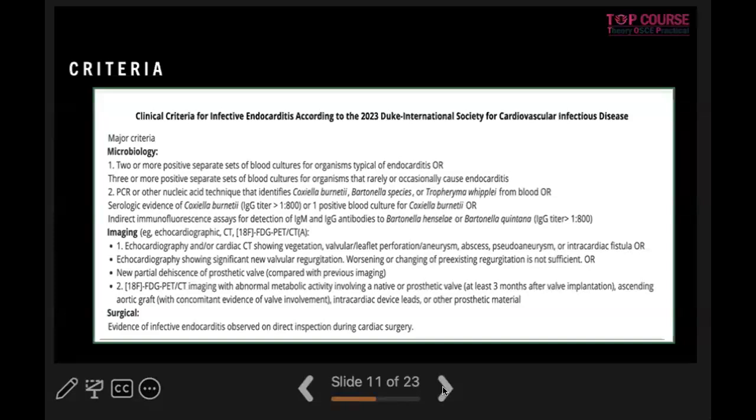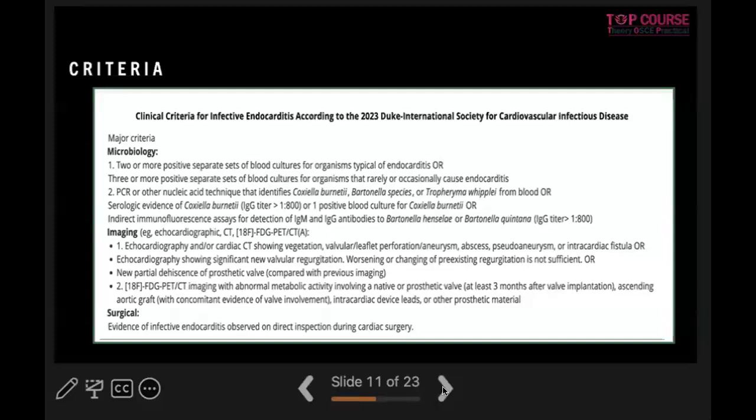This is one of the microbiological criteria. Or the patient should have PCR or other nucleic acid technique that identifies Coxiella burnetii, Bartonella, or Tropheryma whipplei from blood, or serological evidence of Coxiella burnetii, where the titer should be more than 1:800, or one positive blood culture of Coxiella burnetii, as atypical organisms for infective endocarditis.